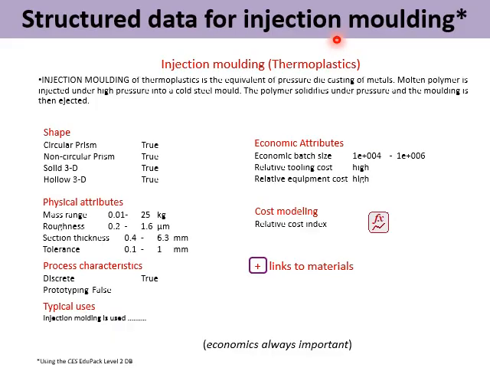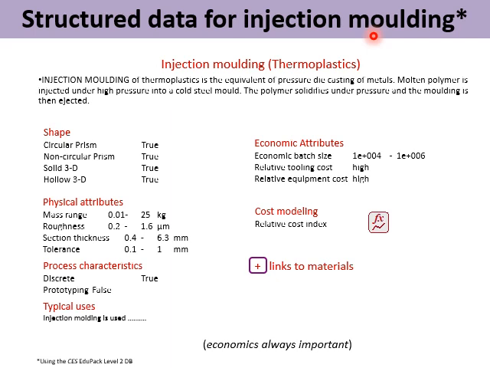We now return to the attributes. This is an example of structured data for a shaping process. The physical attributes include the shape and size of part that can be made, the mass range, the surface roughness, the minimum section thickness, often limited by the ability of the material to flow into narrow channels, and the precision or tolerance of which it is capable.